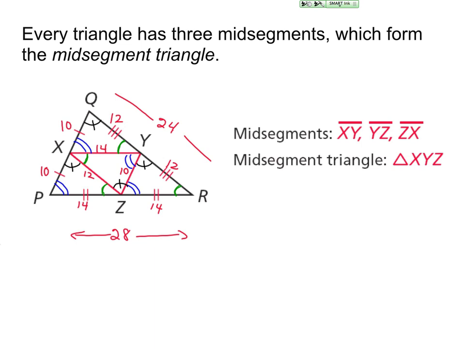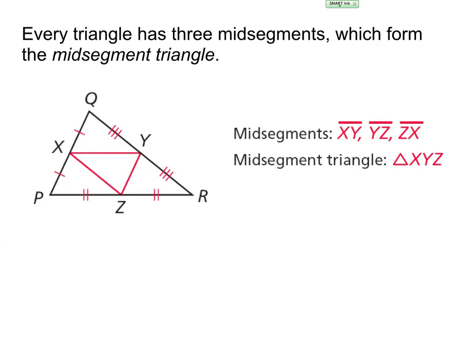There's a lot of relationships in that mid-segment triangle. Some of the problems will ask you to come up with a certain angle measurement. It might give you, this one is 52, and ask you to find some other ones. So looking at the parallels and different things, you can come up with some of those.